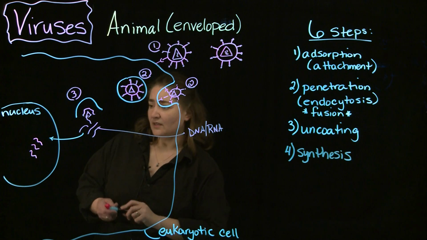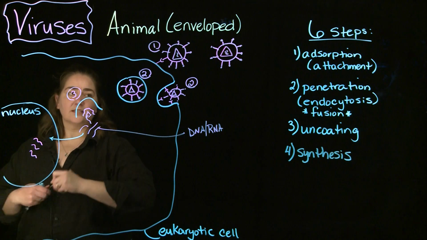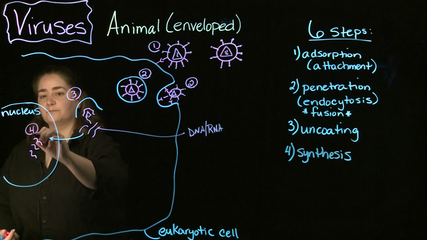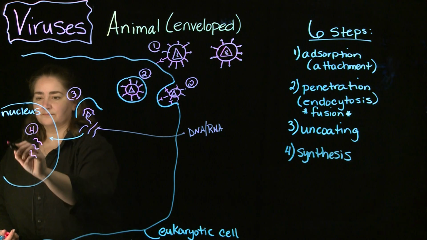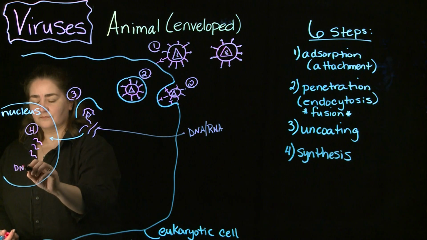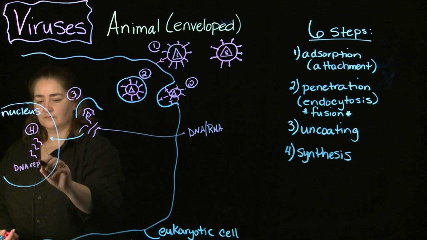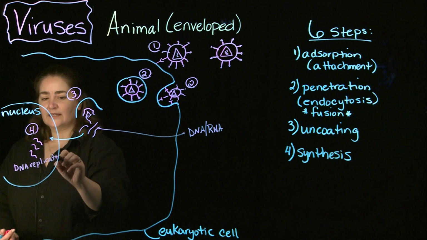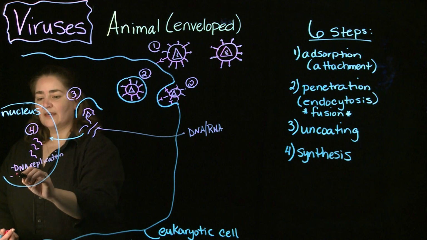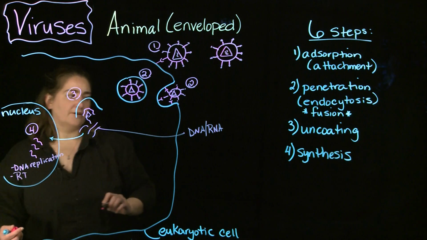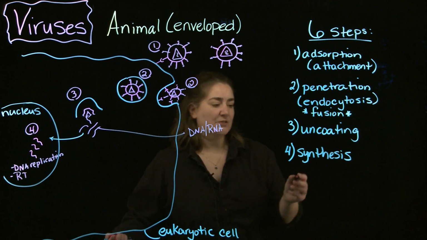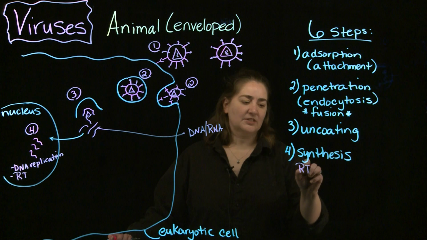All right, in terms of our synthesis here, this is step 4. We'll either get DNA replication. You may get something known as reverse transcription, and I've abbreviated that RT.